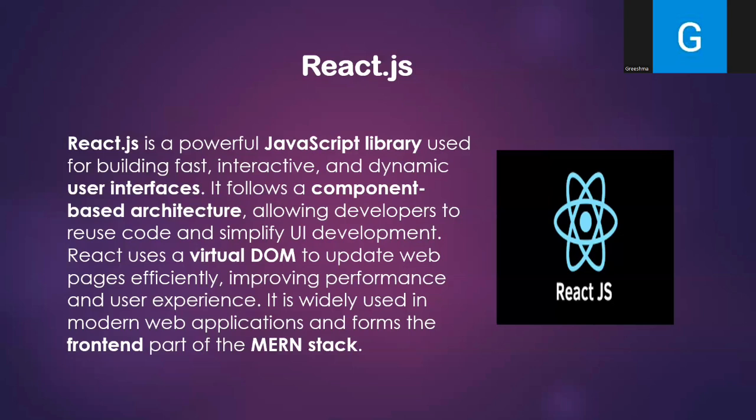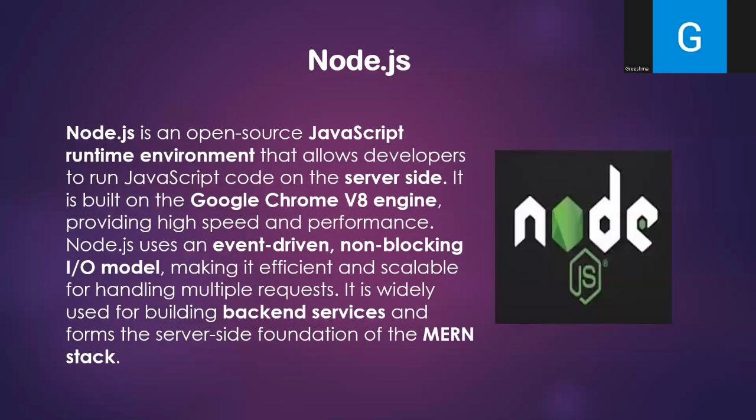Now let's move to the technology that connects all these components together. Node.js is a runtime environment that allows JavaScript to run on the server side. It is built on Chrome's V8 engine, making it fast, lightweight, and efficient.